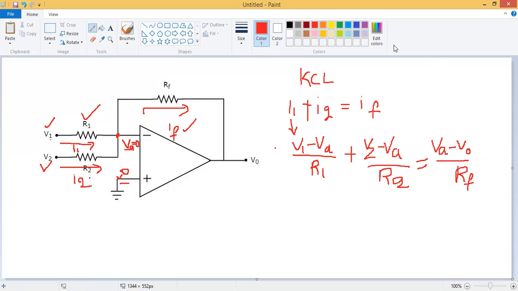Now I am substituting the value of VA as 0 here, here also 0 and here also 0. So this equation can be rewritten as V1 by R1 plus V2 by R2 equals minus V0 by RF.